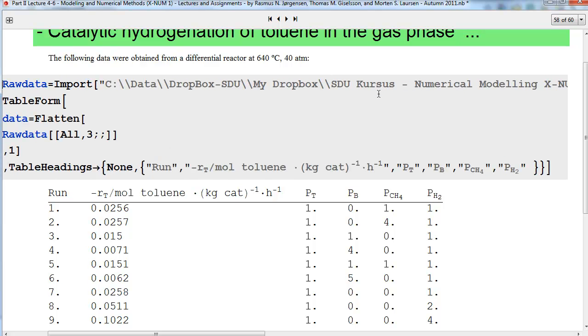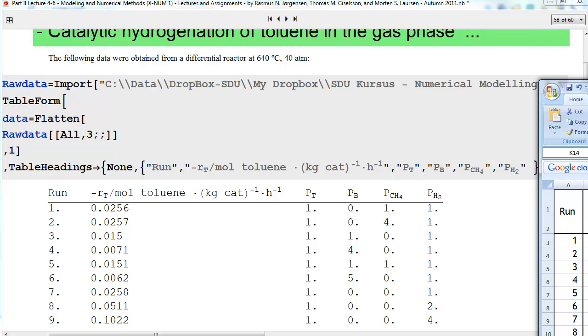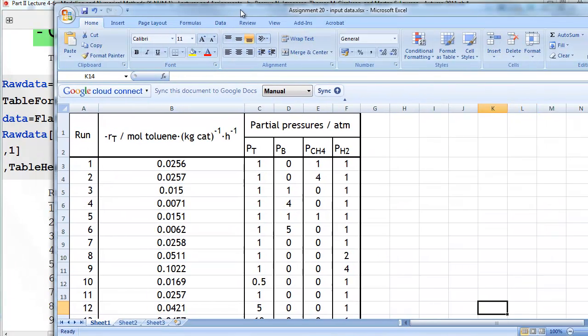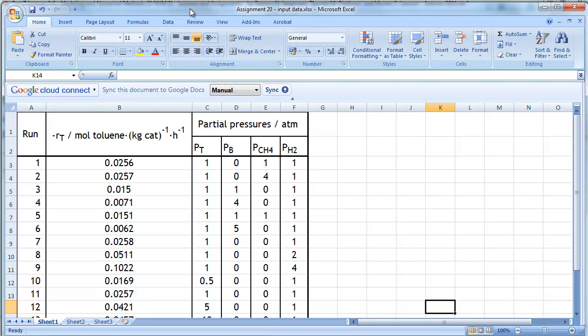Then I have table form. You don't have to look at that. I have to flatten the data because it looks a little messy. This is how it looks in Excel.